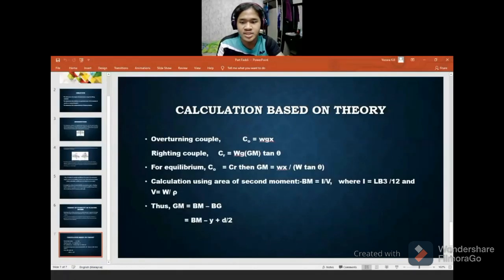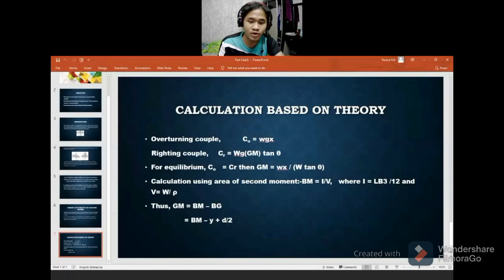Next, we move on to the calculation based on the theory. Overturning couple. The formula is C naught equal to W g x. C naught is the overturning couple. W is the mass of the horizontal weight. g is gravity. x is the distance which the horizontal weight is moved. The second one is the righting couple. CR equal to W g GM tan theta.